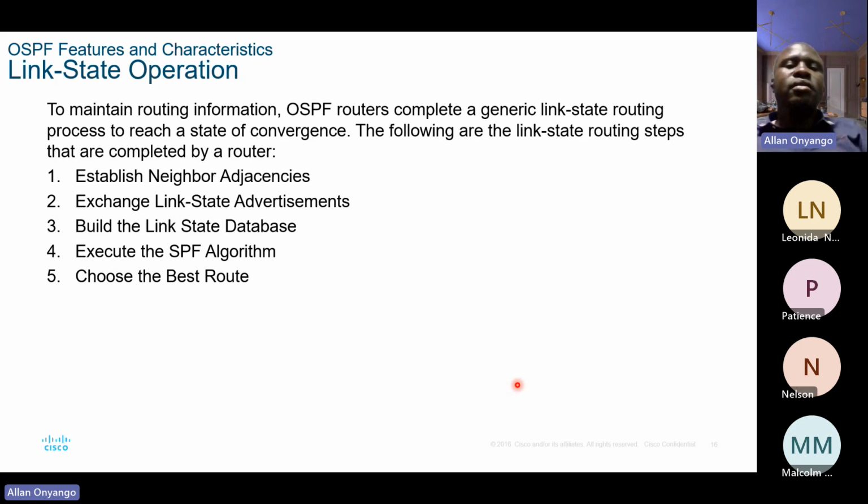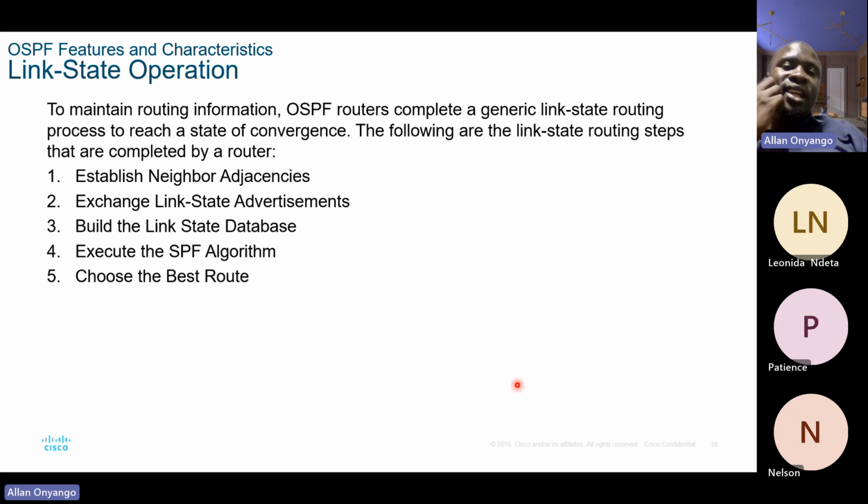So each router must undergo a state of adjacency, which means every router must establish a relationship with the neighboring router. Any router that is closer to you must have an adjacent relationship with it. That is adjacency. If I'm having 5 neighbors, I need to know each of them. I don't care whether they have known each other, but I need to have a relationship with each of them because they're my neighbors.